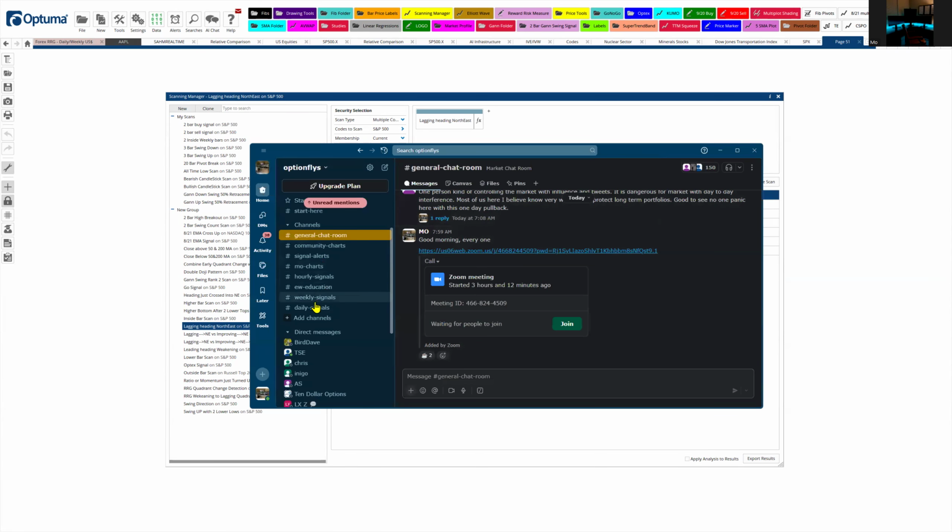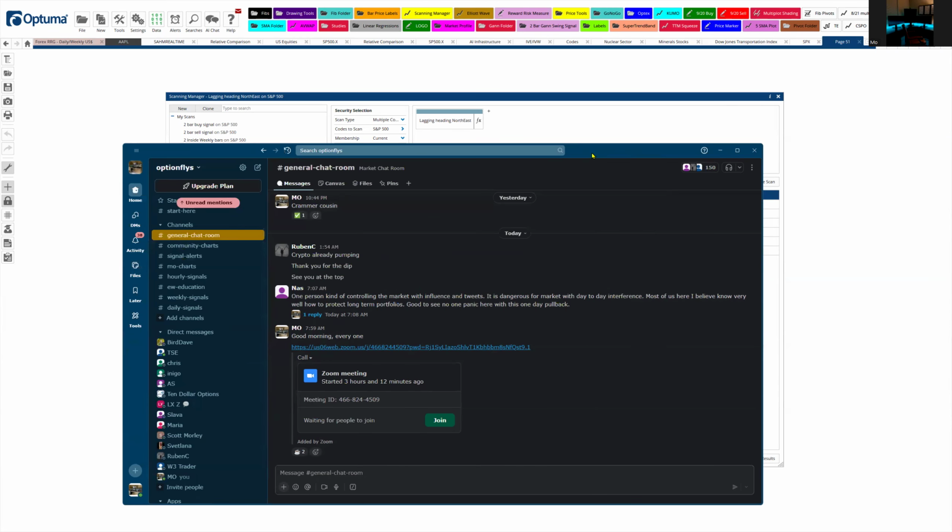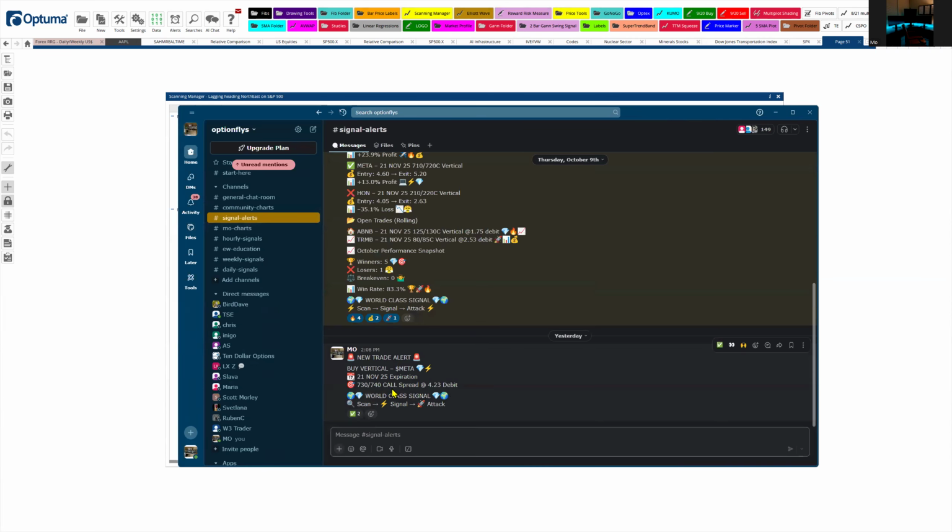So all the recaps and everything, it's tracking all the trades for the month. You see, I copy paste this right away and it throws in a bunch of emojis. Sometimes I tell it the market had a rough day, and so it tracks the performance.